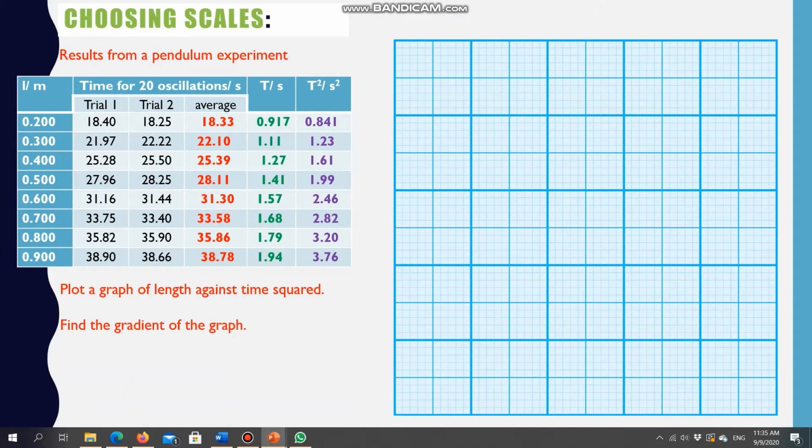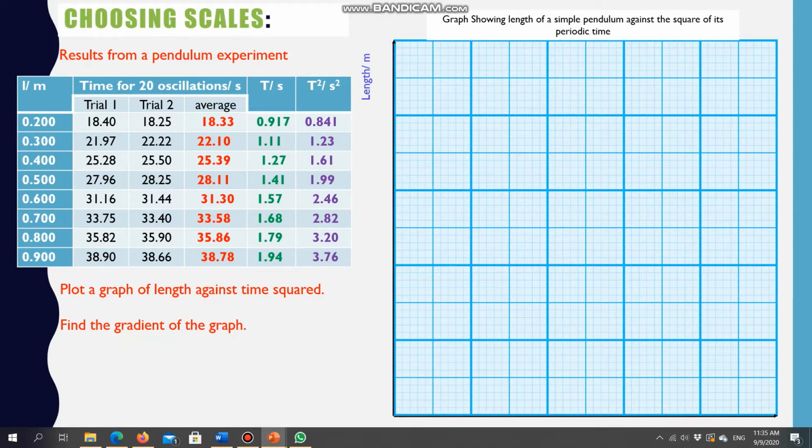So here we have our graph paper. We're going to have a title for our graph. Then we draw our axes. So we have the vertical axis labeled length in meters, while the horizontal axis would be labeled t squared in seconds squared.